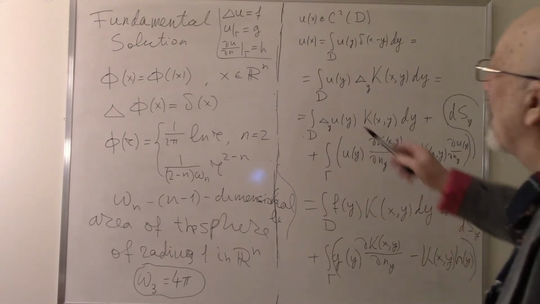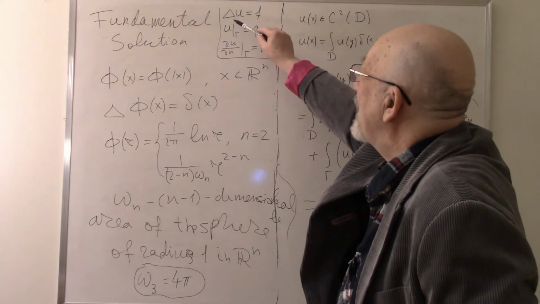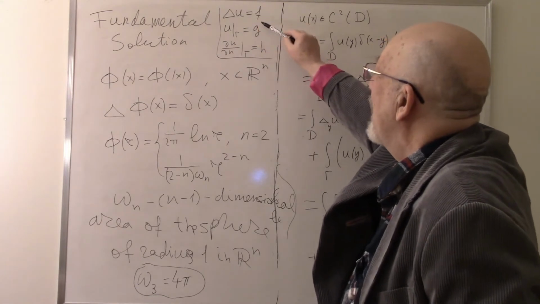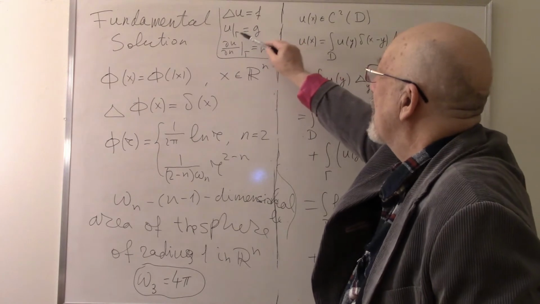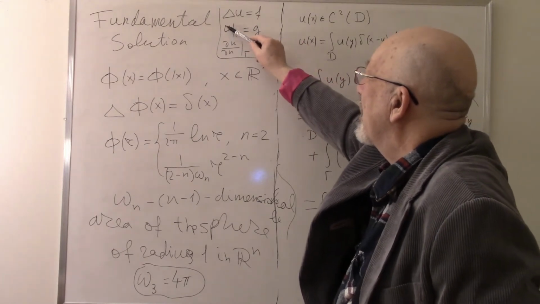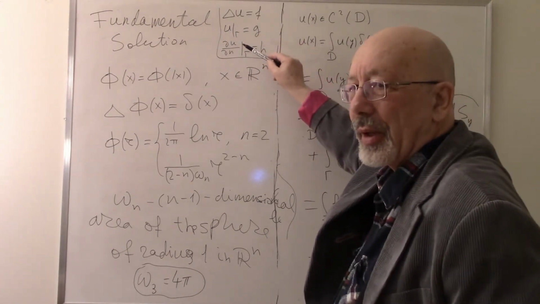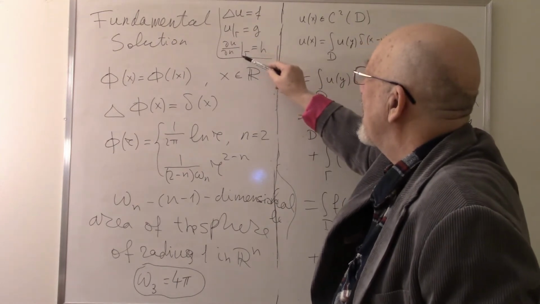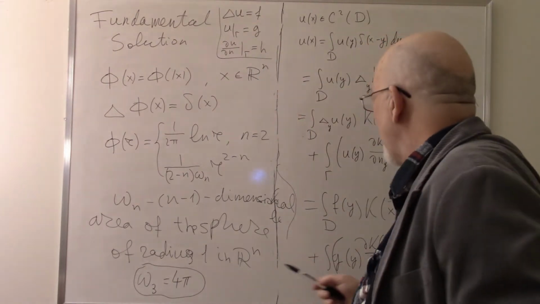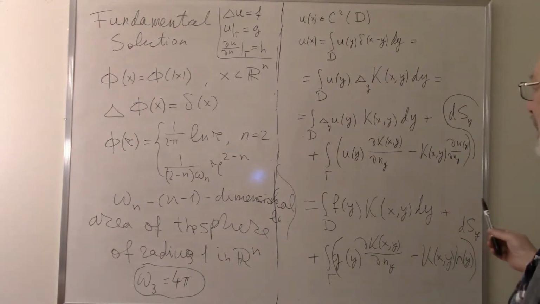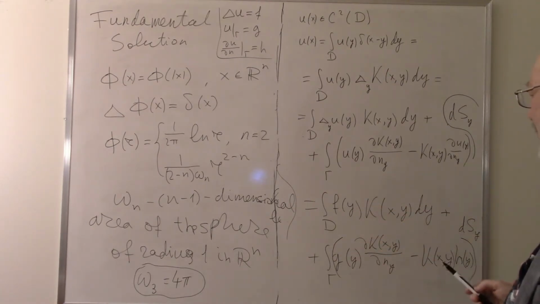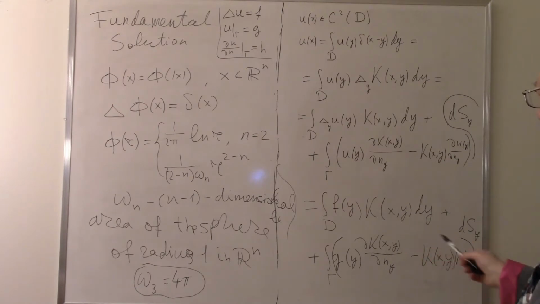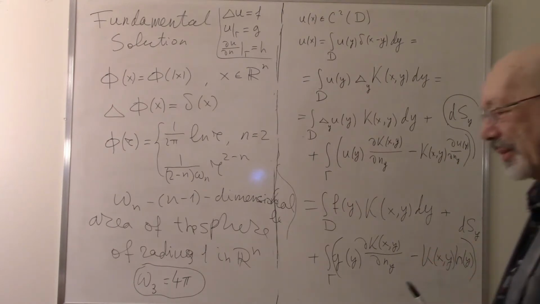If you know the Laplacian of u, which is f in the domain D, if you know g on the boundary, the values of u on the boundary, and if you know the normal derivative on the boundary, then this formula gives the answer, because we have here all ingredients.